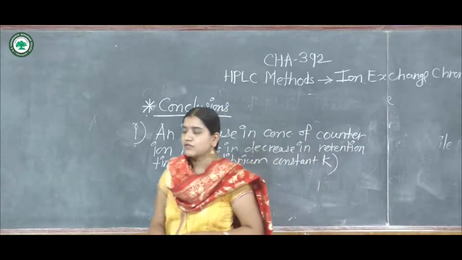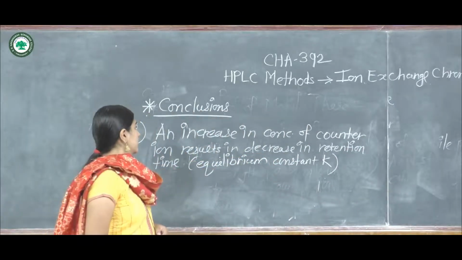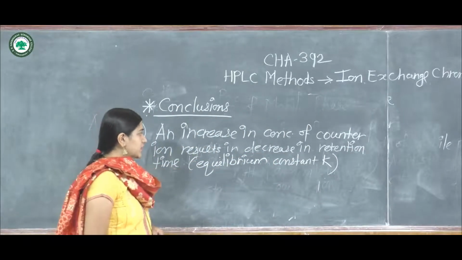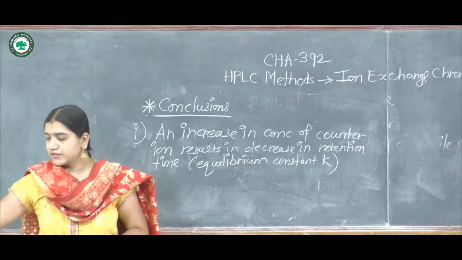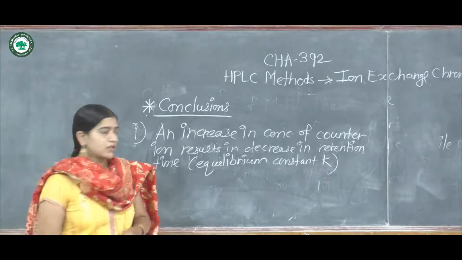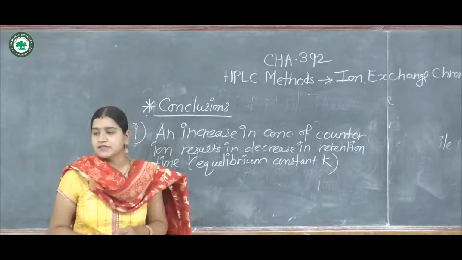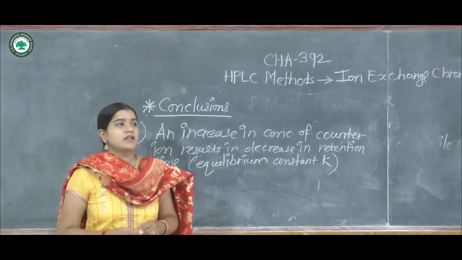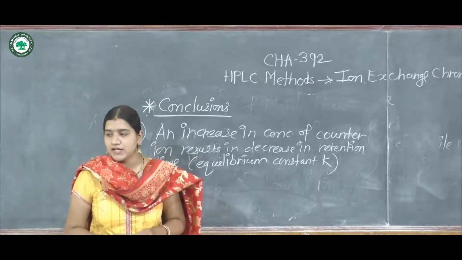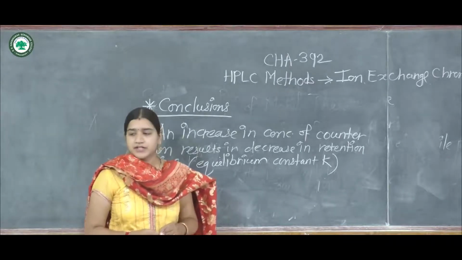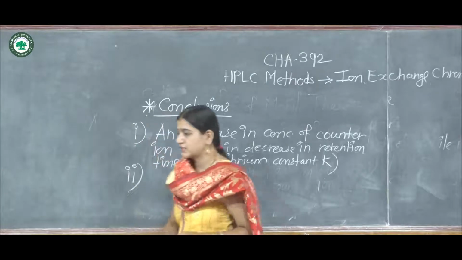So this is the first conclusion drawn, that an increase in concentration of counter ion results in the decrease of the retention behavior. Then the second conclusion is that an increase in the value of pH reduces the retention time in cation exchanger.